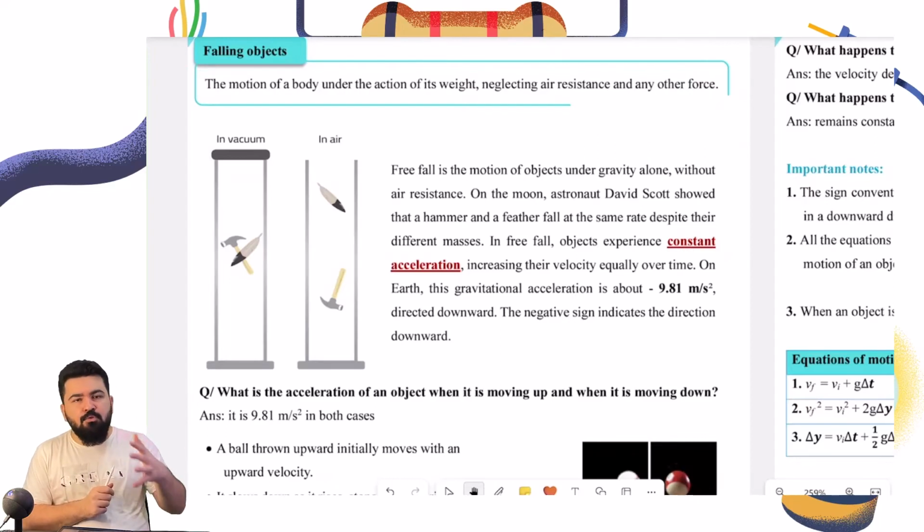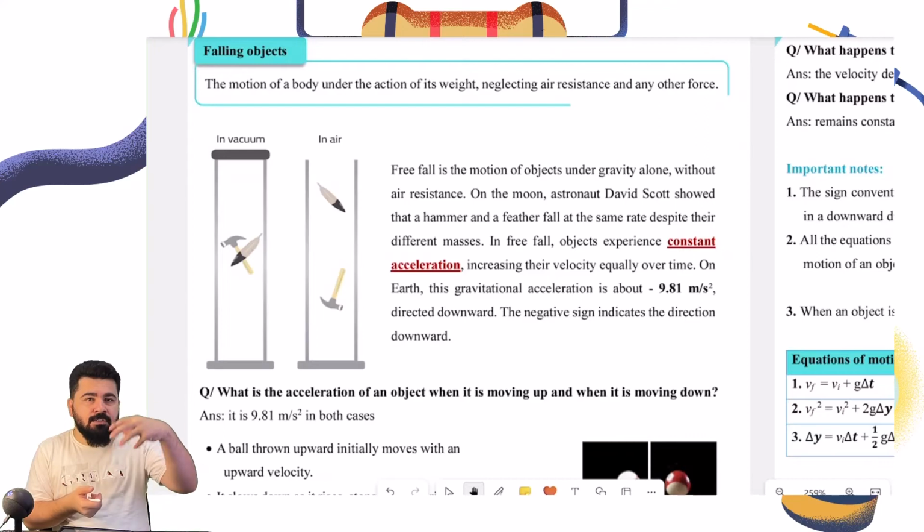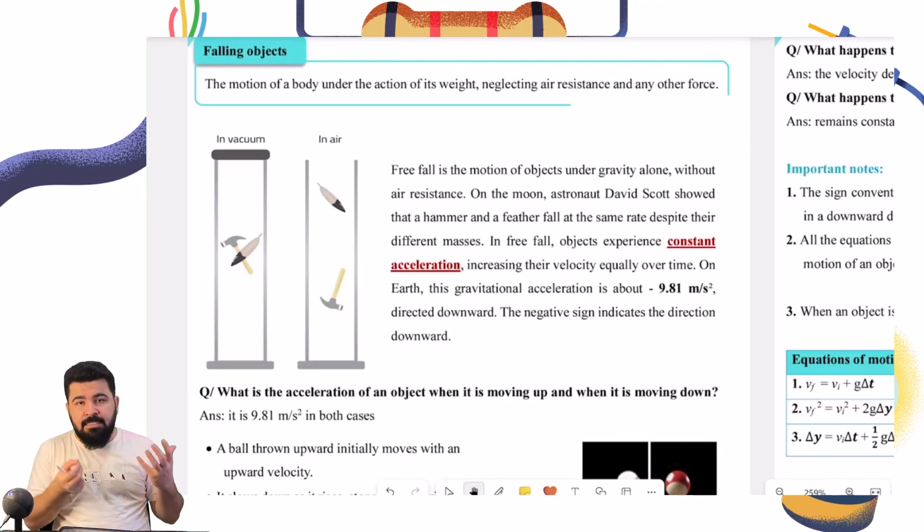If you remove the air from a room, it means that you have removed the resistance. So what is resistance? It's basically the molecules of the air resisting the motion of an object. When they let the feather and the ball go in the vacuum chamber, you're going to see that they fall exactly at the same time.